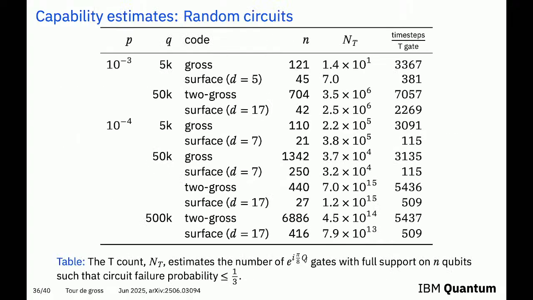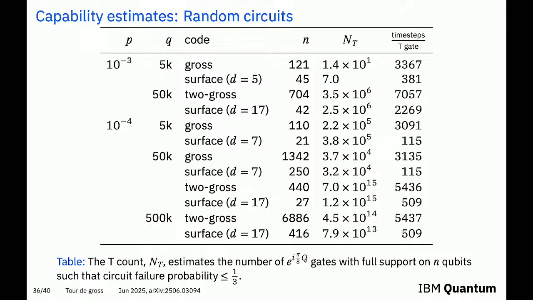So if we consider random circuits, which give us our capability estimates of that large plot that I showed you, we fix the angle to be pi over 8, so each of these is equivalent to, say, a T-gate up to Clifford conjugation. Then we set the failure probability to be at most 1/3. Then we get that plot that I showed you earlier.